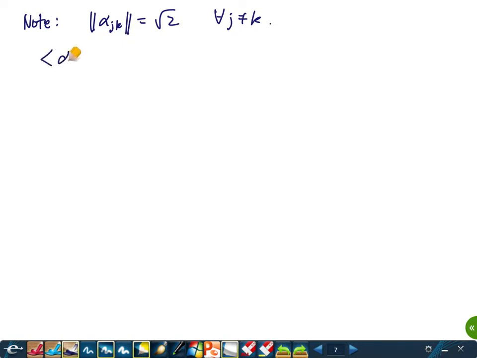And what is the inner product of alpha_jk with a different alpha_jk? Or they might be the same, but it's always 0 or plus or minus 1 or plus or minus 2, right? Because we have only 1, 1, and 1, minus 1 in each vector.